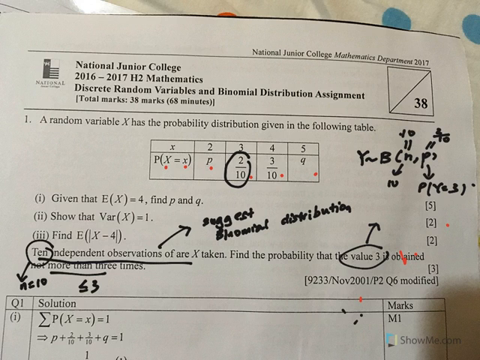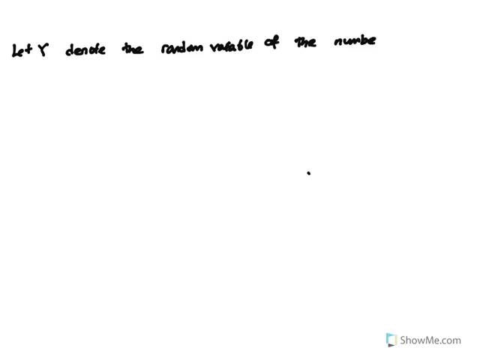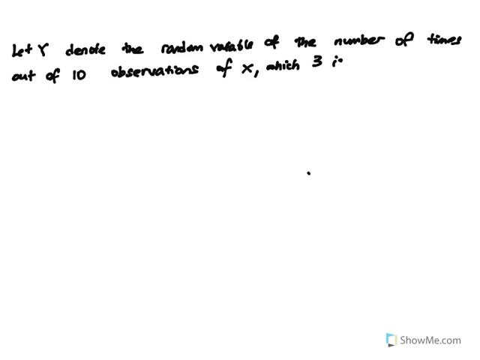Alright, so with that, first of all, you must remember that we always define the variable, so we let Y denote the random variable of the number of times out of 10 observations of X in which the value 3 is obtained.